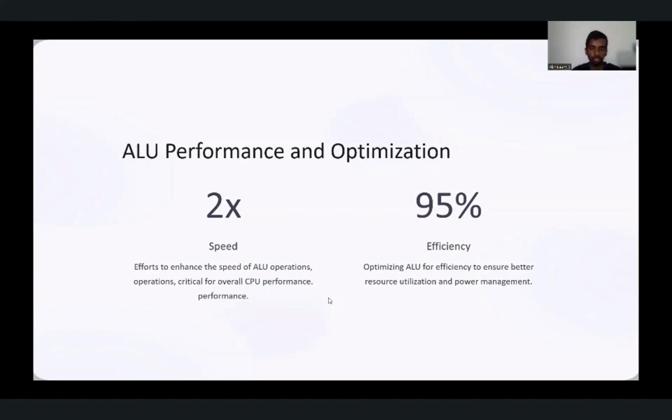It would be more than twice, in fact, and the efficiency of the processor would increase because it would take less time, and in that less time, it would process more data, and the power management is also very efficient. It requires less power to perform more operations.